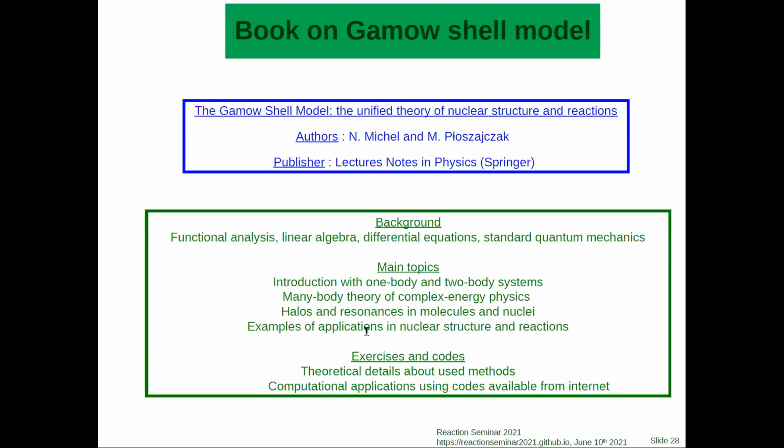We published a book about the Gamow Shell Model about one month ago. It's called The Gamow Shell Model: Unified Theory of Nuclear Structure and Reactions. Most of the results that you have seen in this presentation are described there.